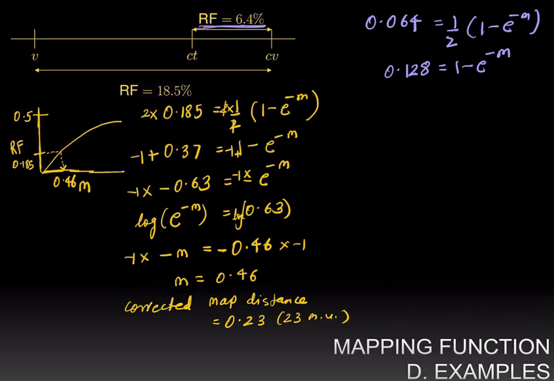And subtracting 1 from both sides, we get negative 0.872 is equal to negative e to the power minus m. We can multiply both sides by -1 to get e to the power negative m is equal to 0.872.